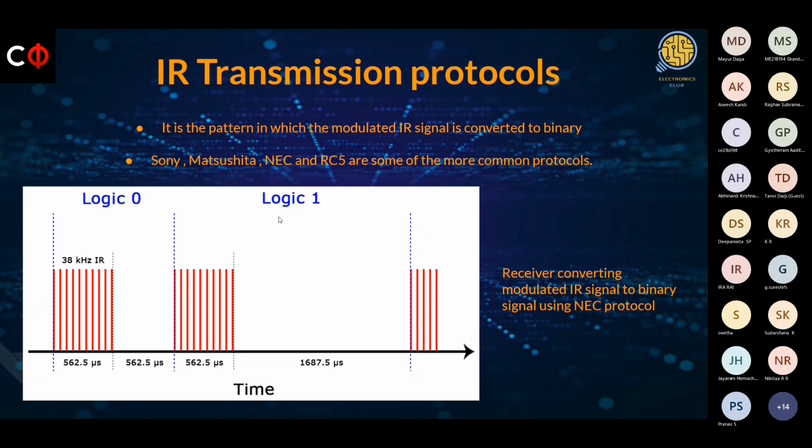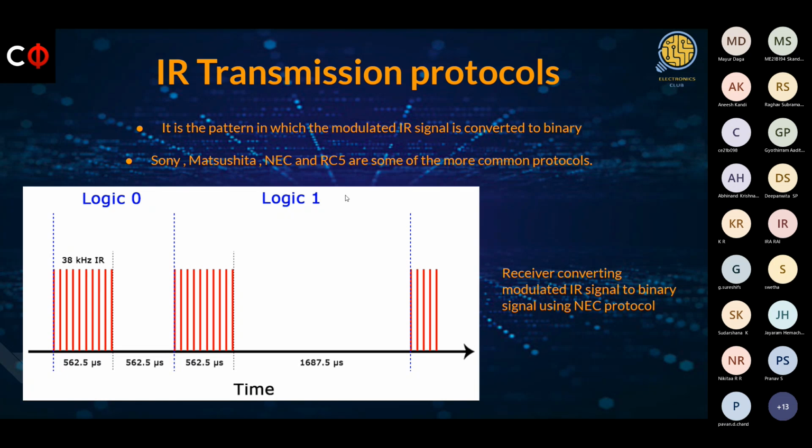your receiver knows that the signal is being transmitted from an IR remote and is not received from the environment. There are many protocols like Sony, Matsushita, NEC, RC5, and this is the typical way in which the NEC protocol works.